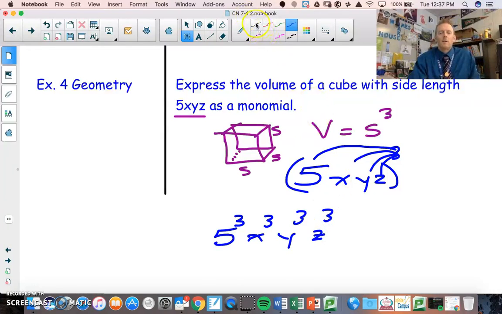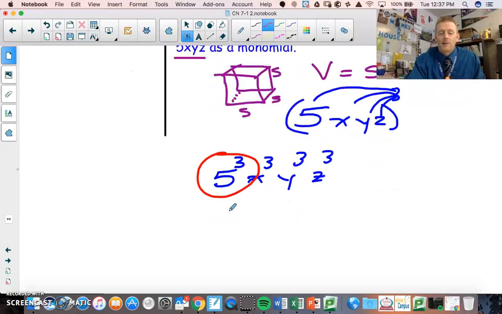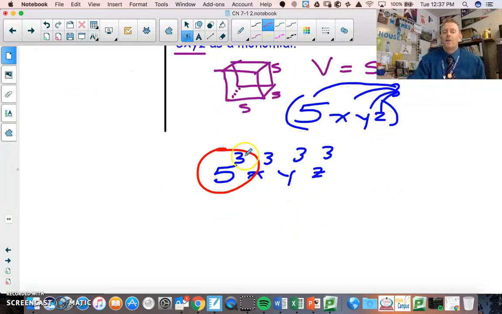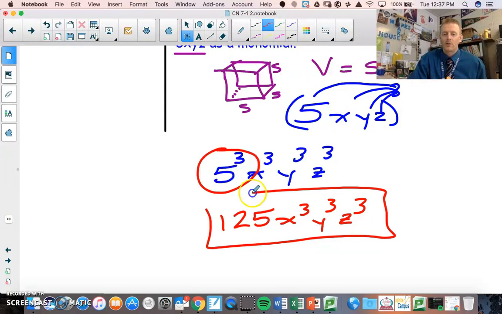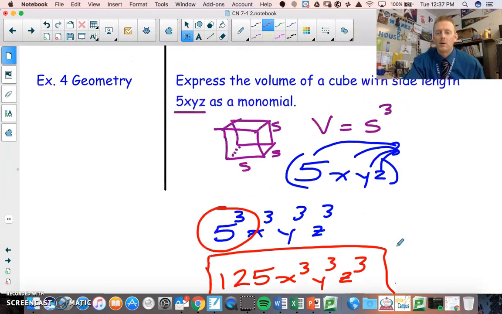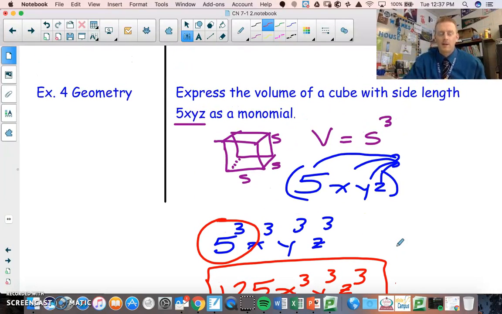Now the only problem that I have right now is that I can simplify this math, and if there's math that I can simplify, I need to. So 5 to the third power is 5 times 5 times 5, which is 125. So my official answer that I'm going to want to put down if this were a test is 125 x to the third, y to the third, z to the third. And that would be how we would determine the volume of said cube if one of the sides was 5xyz.